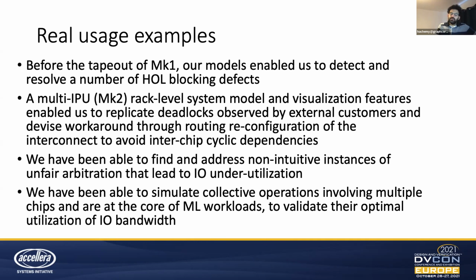Also, when it comes to cooperating with the application and software, we have been able to simulate the performance of collective operations, which is very useful in machine learning workloads when you have multiple chips running the workload. And then we were able to reach an optimal utilization of I/O bandwidth, which is, again, very impressive, I feel.